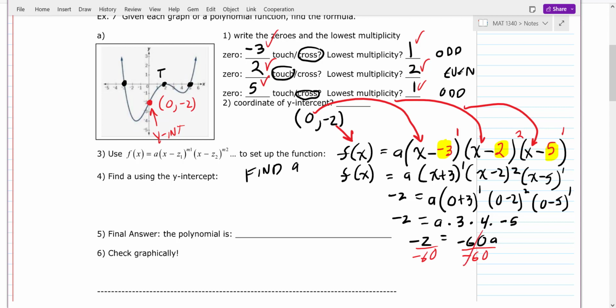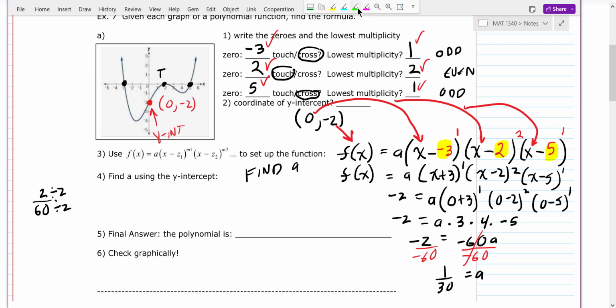What that's going to do is get a by itself. You can reduce that fraction. That's a positive 1/30th. And again, what I'm doing on that is reducing the fraction: both top and bottom divide by 2. 2 divided by 2 is 1, 60 divided by 2 is 30. Okay, so here's what you're ready to do now. Now you're ready to write your answer.